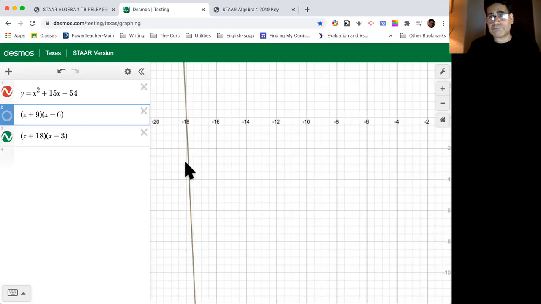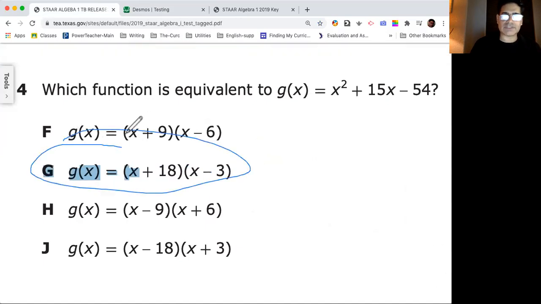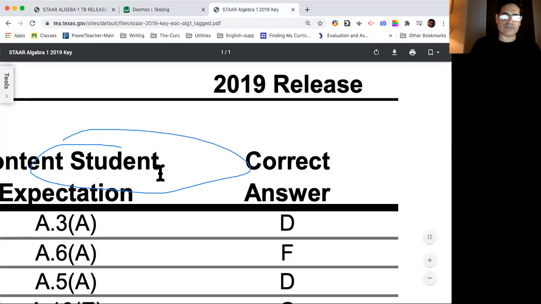Okay, and I might be satisfied with that, and I might actually go to my test and say, you know what, I'm pretty confident that I'm going to choose that. So I go ahead and choose it. On the day of the test, of course, you're going to bubble it in, but you might just want to check it later. But for now, you choose the answer, and then we'll let you know if it's right or wrong.